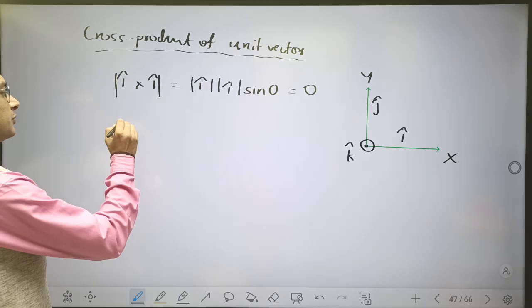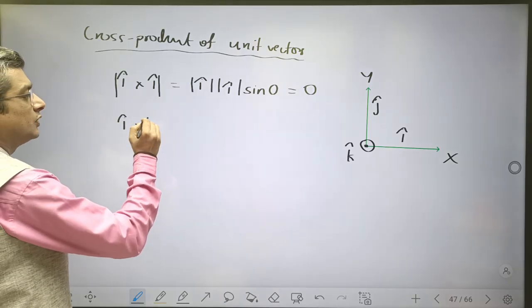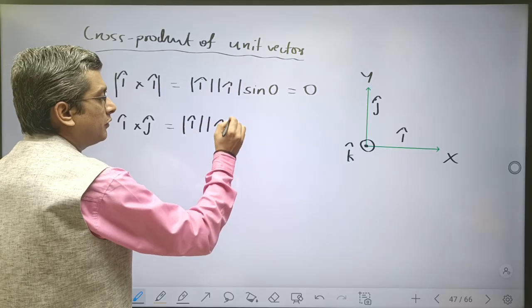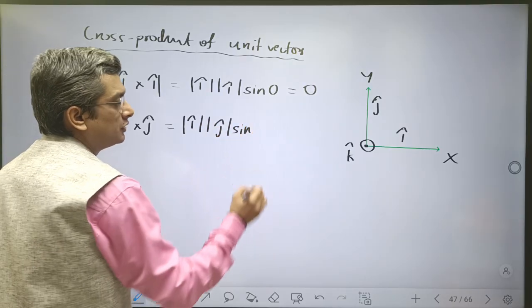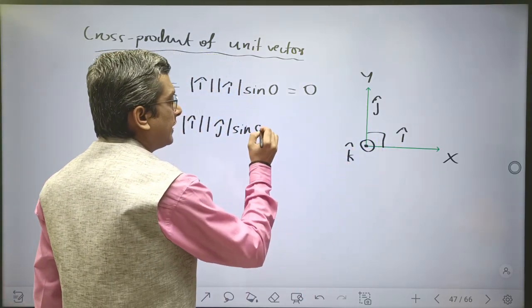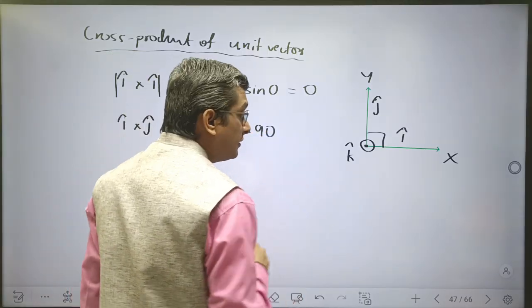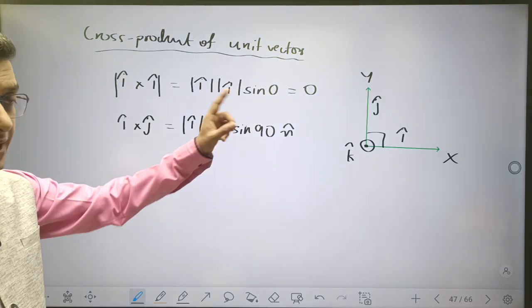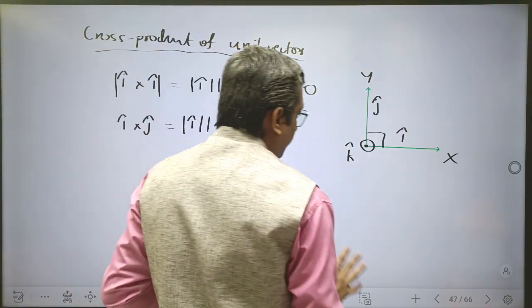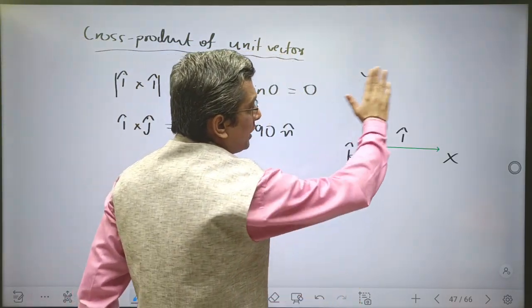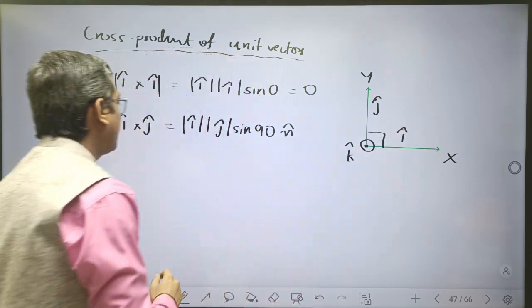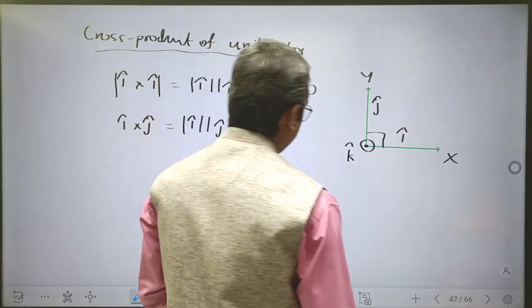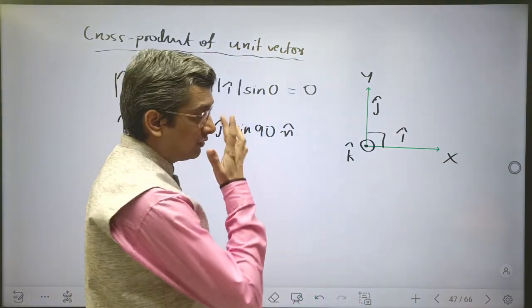Now if I write I cap cross J cap, first of all I write the magnitude of I cap, then the magnitude of J cap, and the sine of the angle between the two. The angle between the two is 90, isn't it? And then we put n cap. What is the definition of this n cap? It is along the direction perpendicular to the plane of x and y, that is the plane of the vectors I cap and J cap, and you can find it by using the right hand thumb rule.